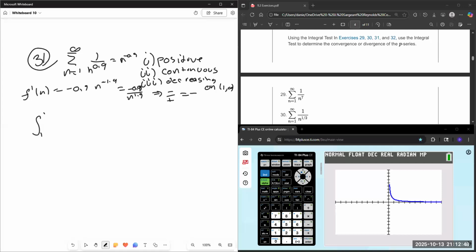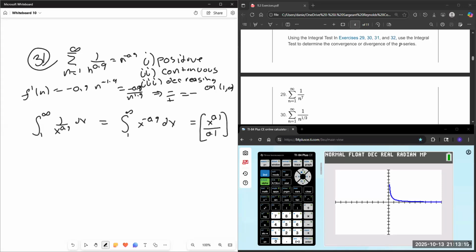So we set up our integral test: the integral from 1 to infinity of 1 over x to the 0.9 dx. So this is the integral from 1 to infinity of x to the negative 0.9 dx. I'm going to add 1, which gives 0.1, and divide by 0.1.